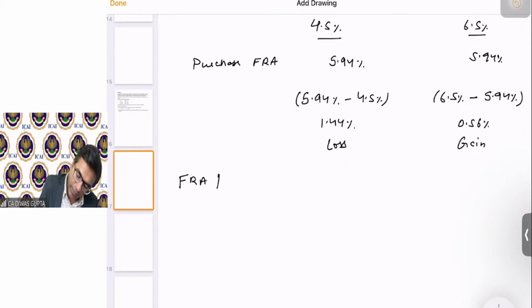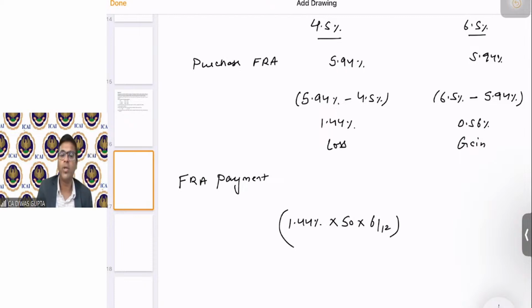So FRA payment becomes how much? 1.44% multiplied by euro of 50 million for a duration of 6 by 12. Okay. So this is 3,60,000 negative. Here I have not done present value. If you want, you can do the present value of this 3,60,000 also.